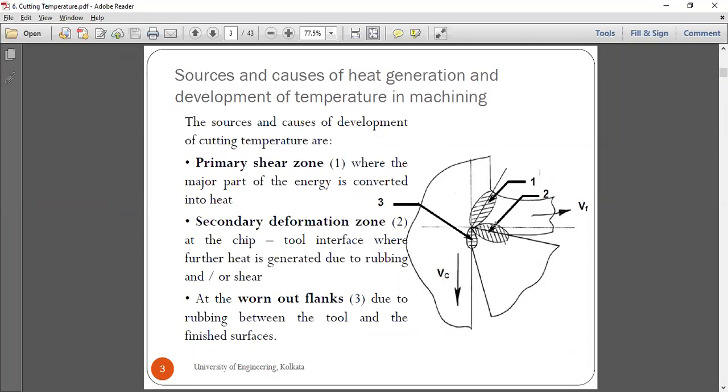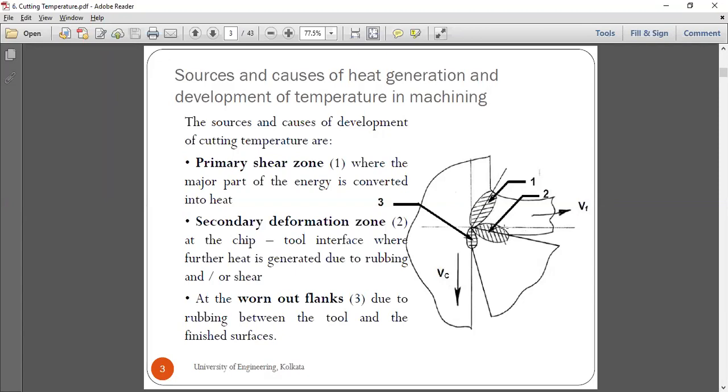Now when the chip is moving away and it's rubbing at this place, that is zone 2, there is some amount of friction generated here, and this is the secondary deformation zone, which we can call the chip tool interface.